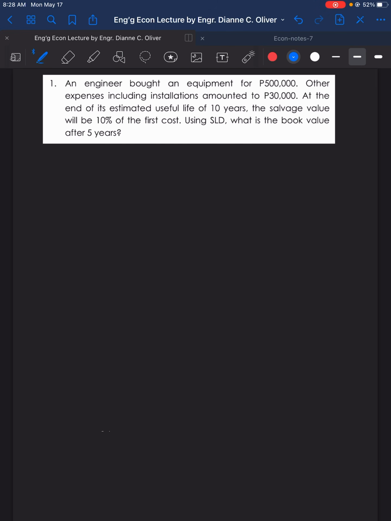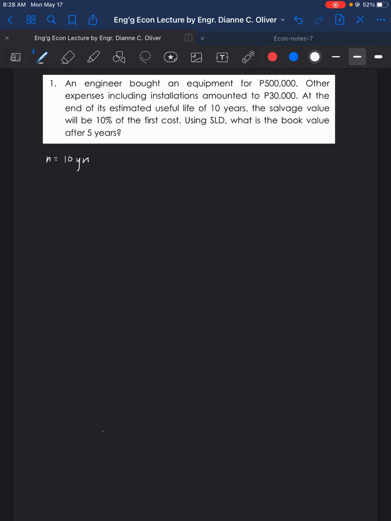Using SLD or the straight line method, what is the book value after 5 years? So take note here, there's a mention of 2 periods, the 10 years and the 5 years. Obviously, the 10 years here is the life of the equipment, or that is the N. So we will put here N is equal to 10 years.